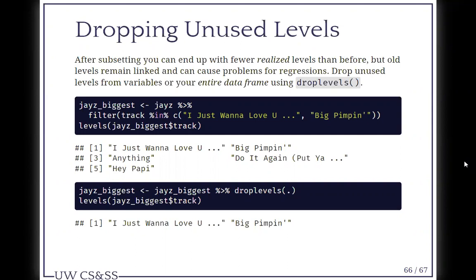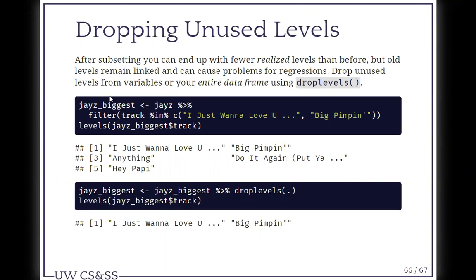I know that a lot of you encountered this with the Gapminder data, as you would subset to 10 countries, but it would say my country variable has 125 levels in it. You can drop unused levels from variables of your entire data frame using drop levels.